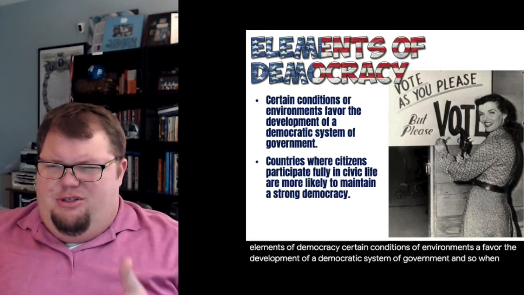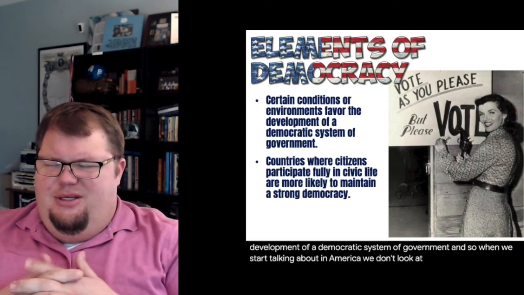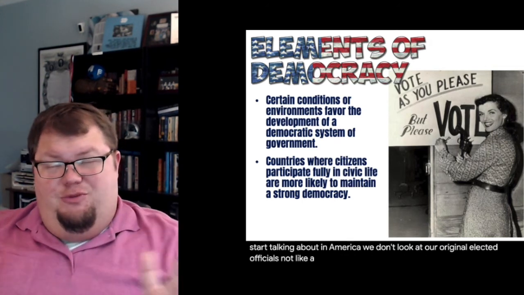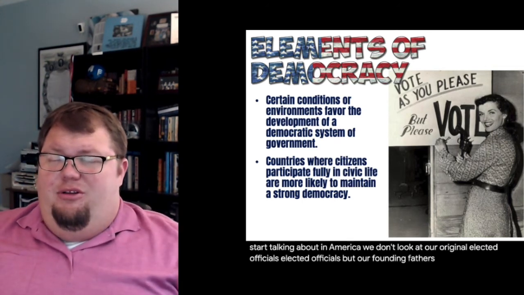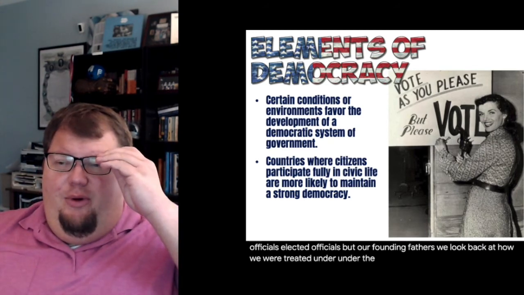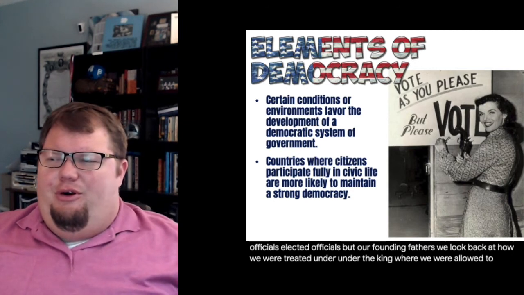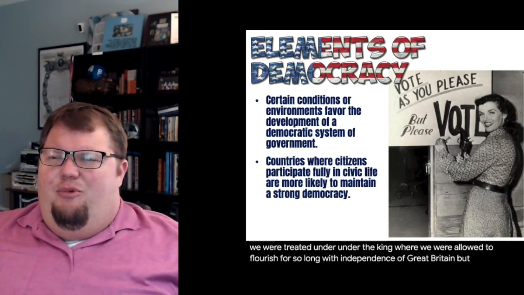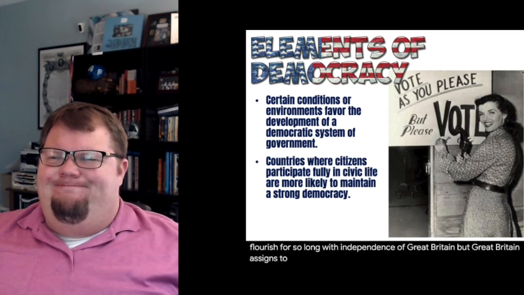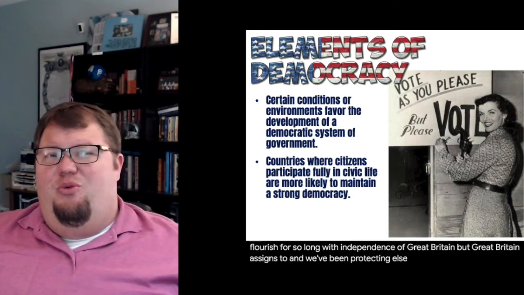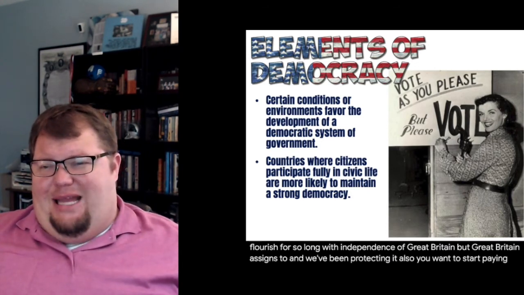When we start talking about America, we look at our founding fathers. We look back at how we were treated under the king, where we were allowed to flourish with independence from Great Britain for so long, but then Great Britain decides to say, you know what, we need some money, and we've been protecting y'all, so you're going to start paying some taxes.